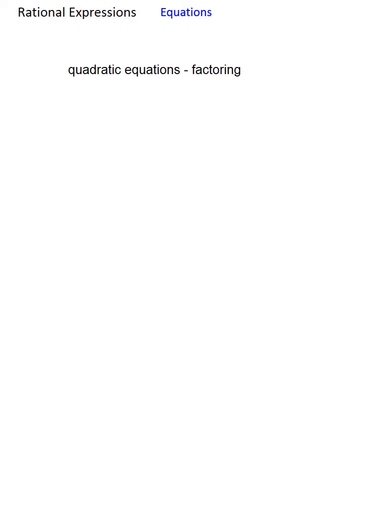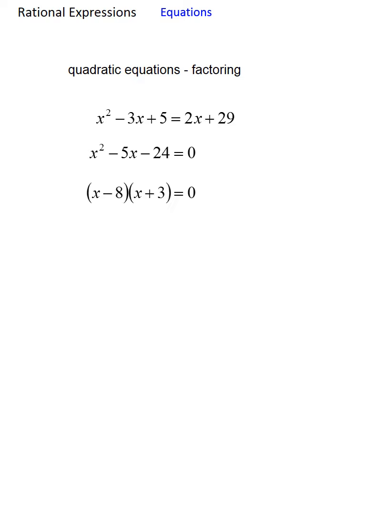If you're not sure what that is, here's a quick test of whether or not you're prepared for this video. If you were given an equation like this, which by the way is not the topic that we're specifically solving today, would you know to quickly set it to 0, factor, use the zero product property, and get two solutions to a quadratic equation like this?